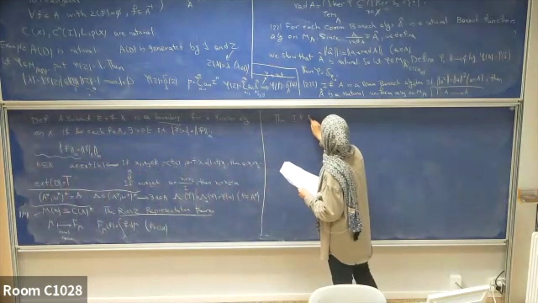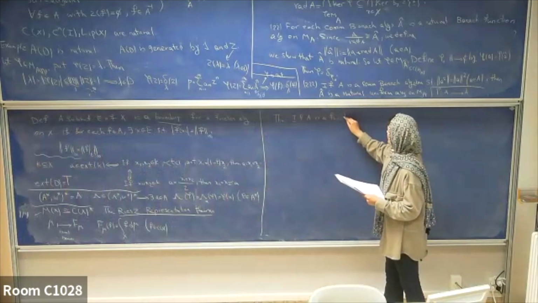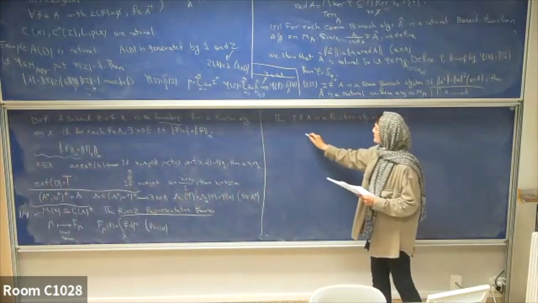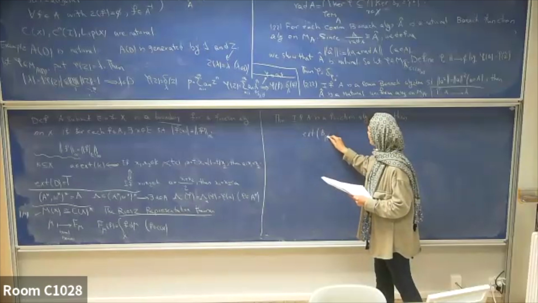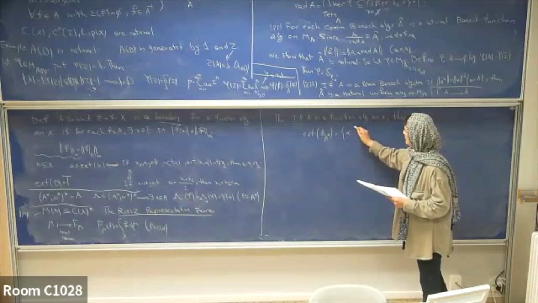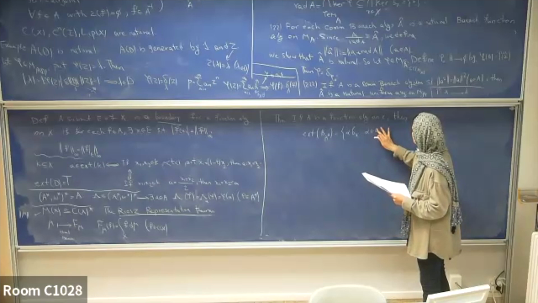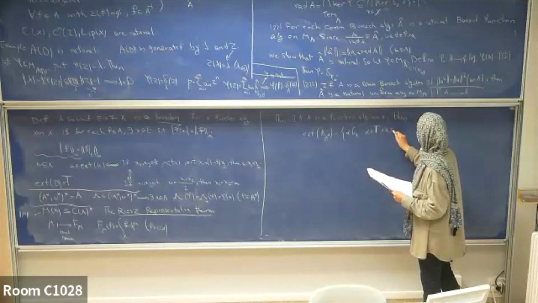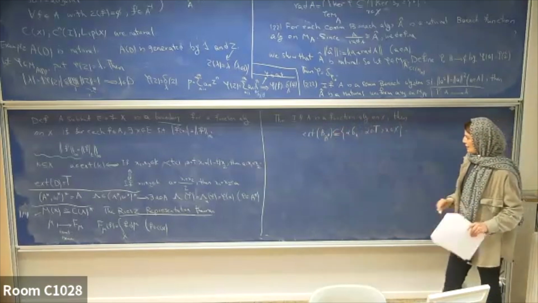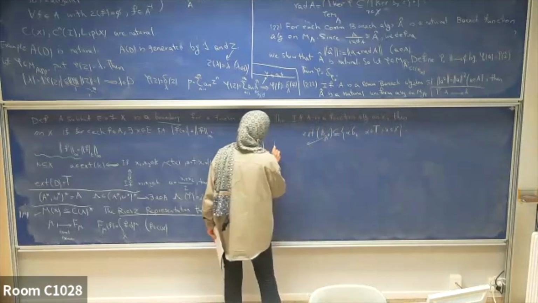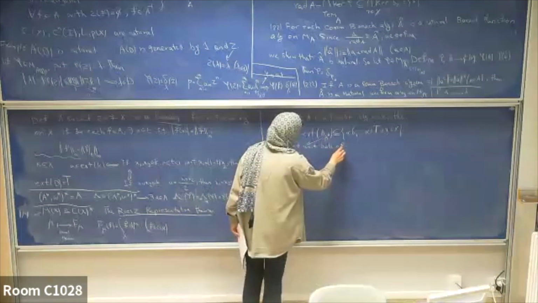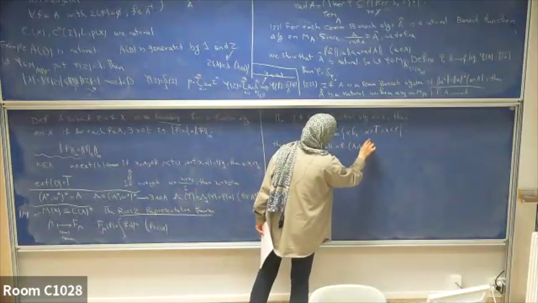If A is a function algebra on X, then each extreme point of the closed unit ball of the dual space of A, with respect to the sup norm, is of the form alpha delta x, where alpha is in T and x is in X. So it means that this concerns the closed unit ball of A star.